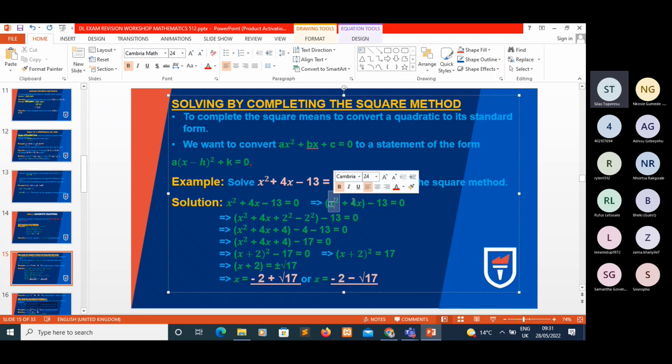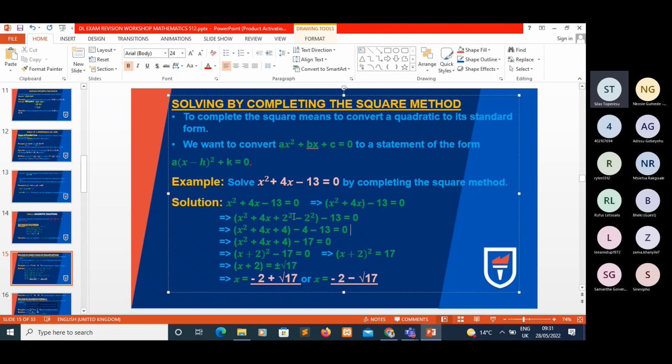If you check here, I group these together because they have an x. That's how you group them with the bracket. You separate them because they've got the variable x. That's the first step.